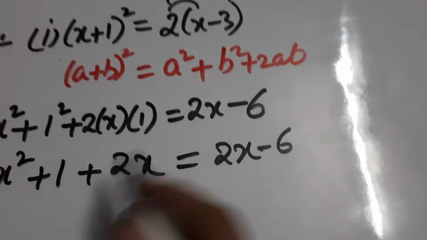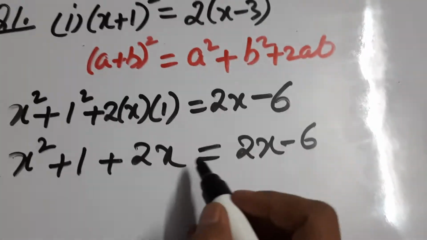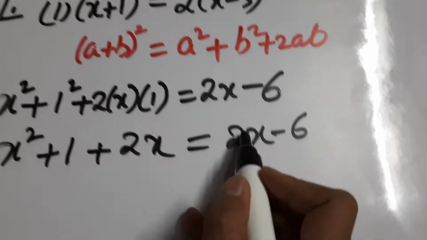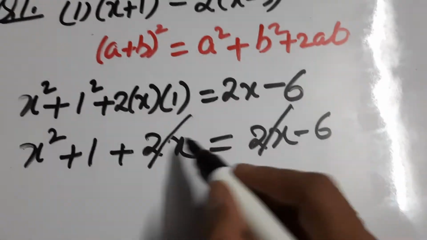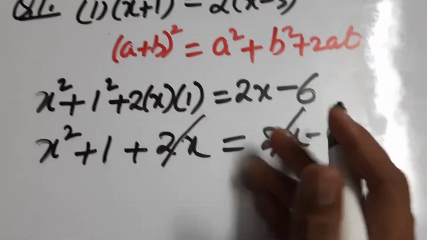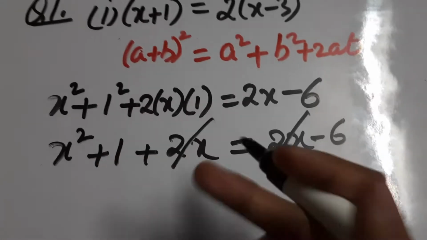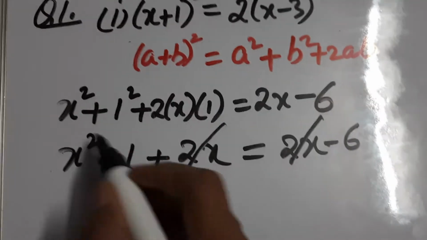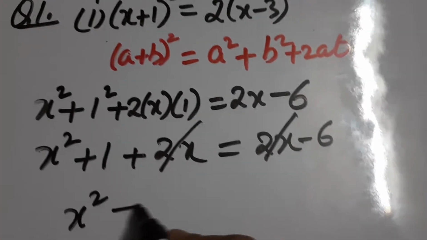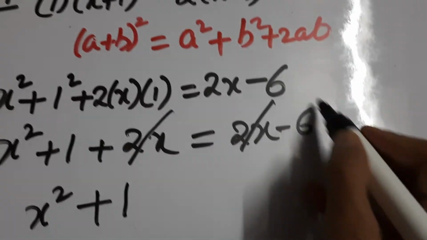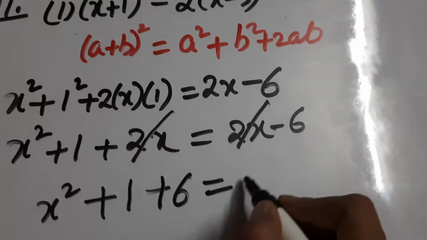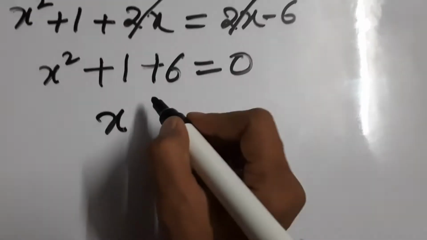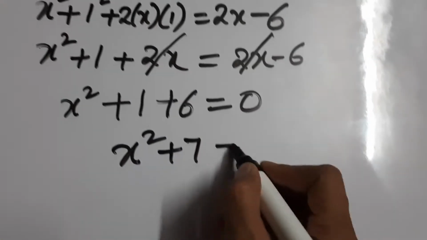So as on the opposite side of equal to, if the same sign is there, we can cancel out. प्लस 2x क्योंकि अपोजिट साइड है तो साइन सेम होने चाहिए. अगर सेम साइड होती है तो साइन अपोजिट होनी चाहिए. So we will be left with x square plus 1, and again this is a constant term. Let us take it to the left hand side. It will become plus 6 is equal to 0. So we'll get x square plus 7 is equal to 0.